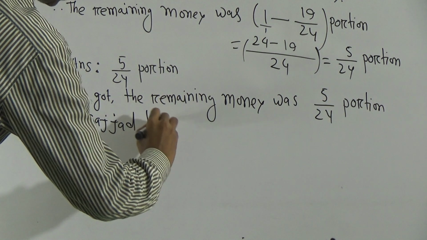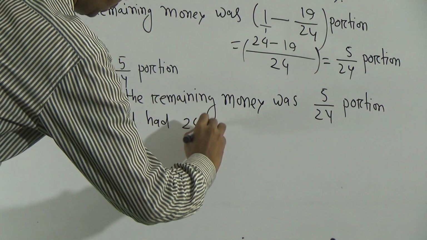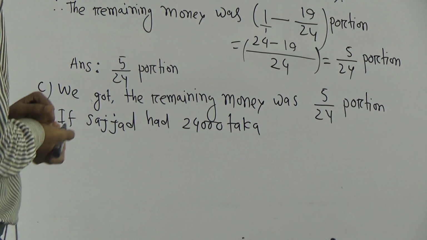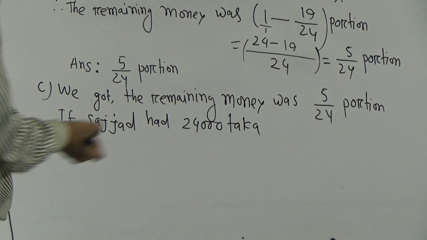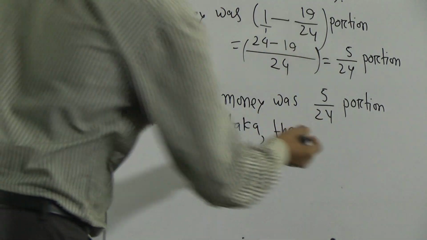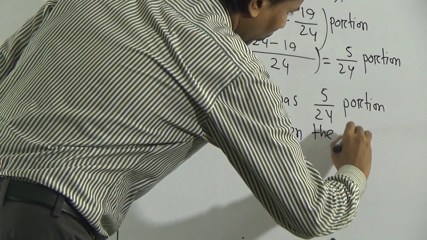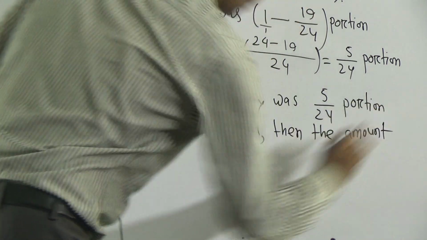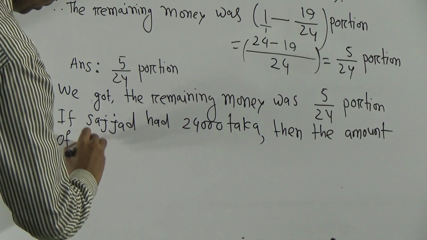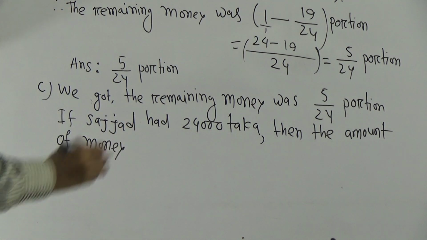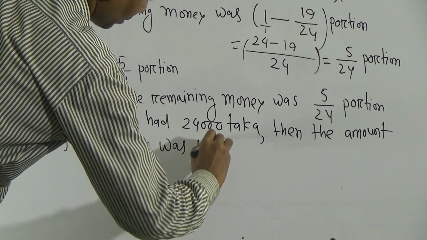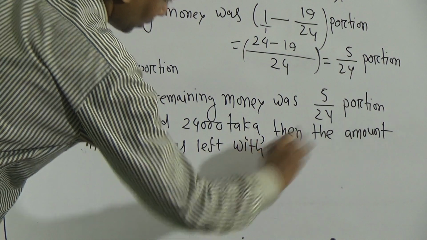If Sajjad had 24,000 taka, then the amount of money he was left with, how much amount?